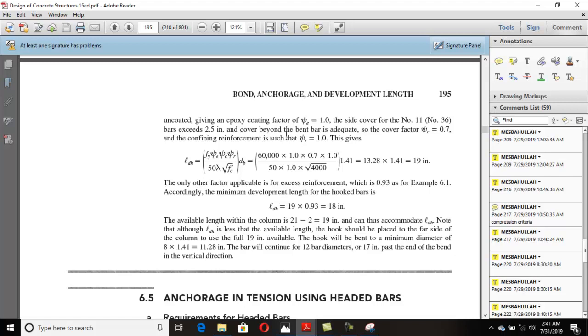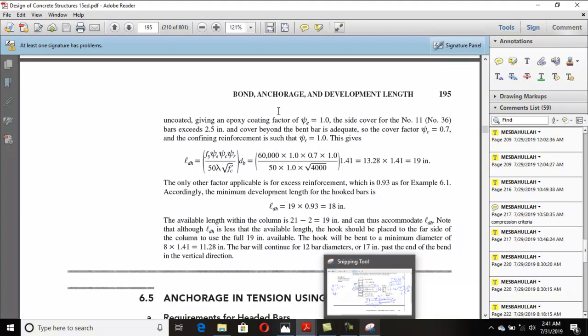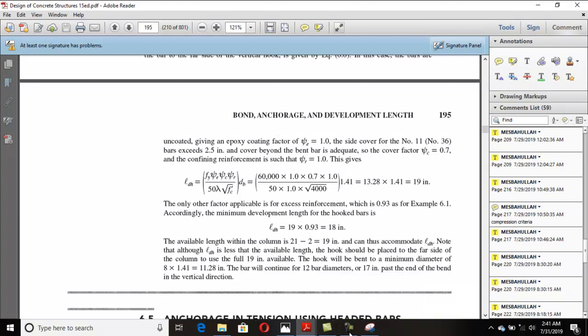That is quite simple, it will be 1, because it is a discontinued edge. So the cover factor is 0, and the confining reinforcement is such that psi R is equal to 1. This is because it is a discontinued edge and also not fulfilling the criteria. In case of a discontinued edge you will take it as 1. But if it is a continuous edge, you will check the side cover, top cover and tail cover, and then you will consider.